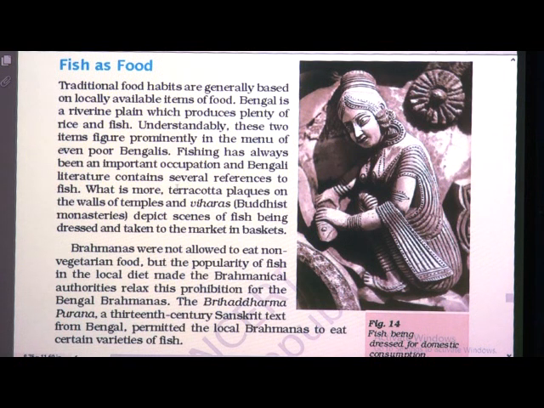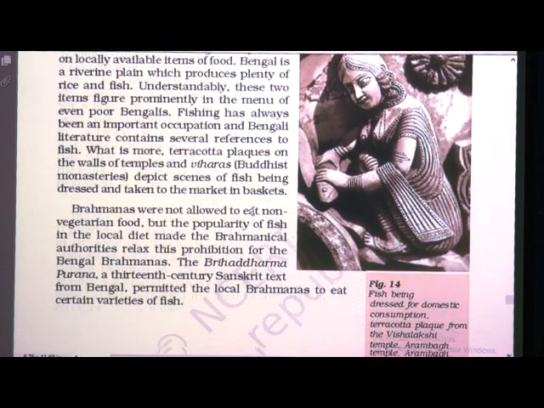And here see, fishing has always been an important occupation, and even Bengali literature contains several references to fish. See, terracotta plaques on the walls of temples and viharas depict scenes of fish being dressed. You can see here, it is being dressed and taken to the markets in baskets.